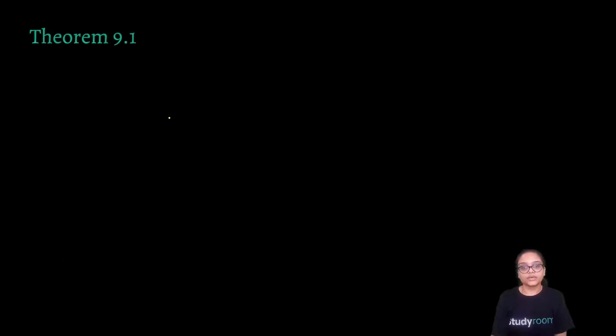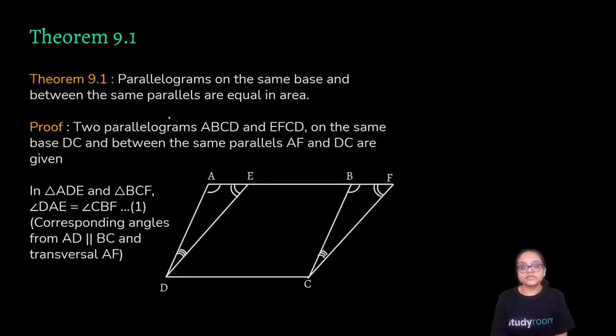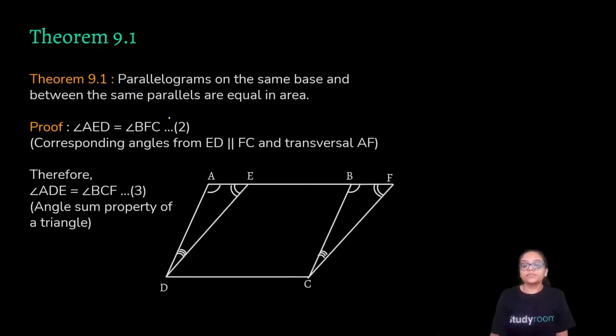Correct? Okay. Now what does theorem 1 say? Whatever we have learned from the activities, that parallelograms on the same base and between the same parallels are equal in area, and we have already proved that. We can prove it by another method, and this method shows the congruency. In activity 2 we cut out the sheet of paper, but now we can literally prove that two triangles are congruent, and then show that both the parallelograms are equal in area.